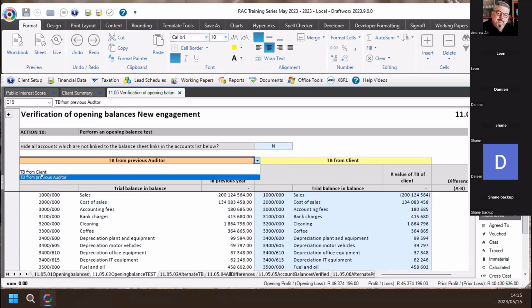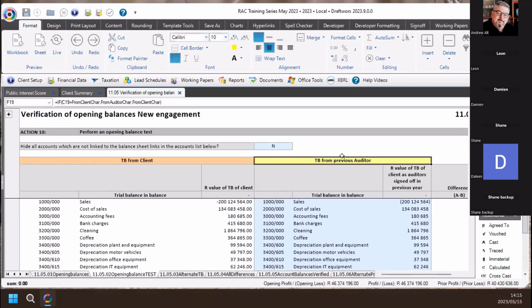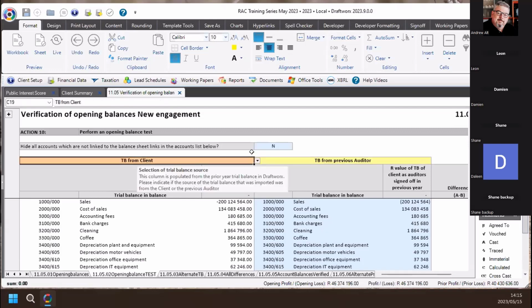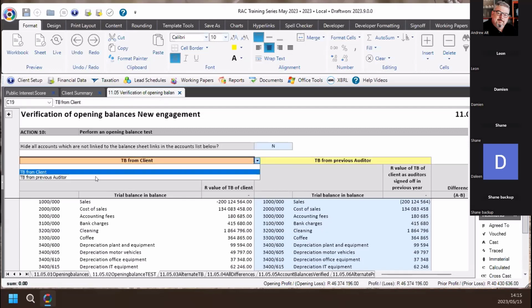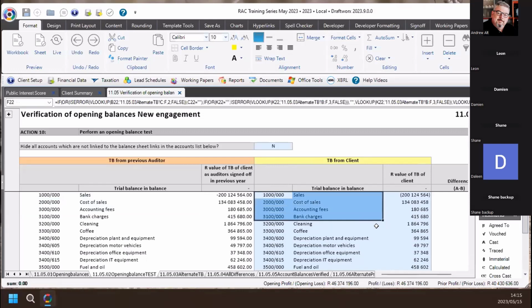If you imported it from the client, then what you need to import is a trial balance from the previous auditor on this alternate TB, which I'll show you in a moment. Otherwise, I've got to switch the setting. So really what I'm doing is just naming which of these is the audited and which of these is from the client's accounting system.